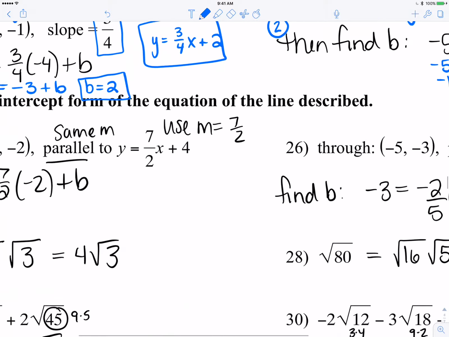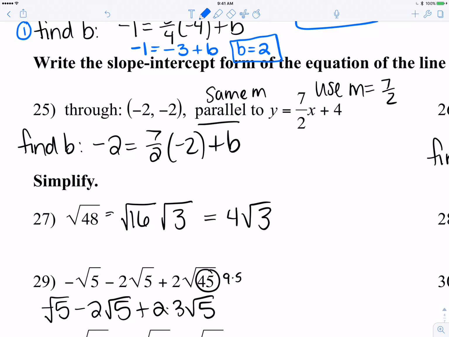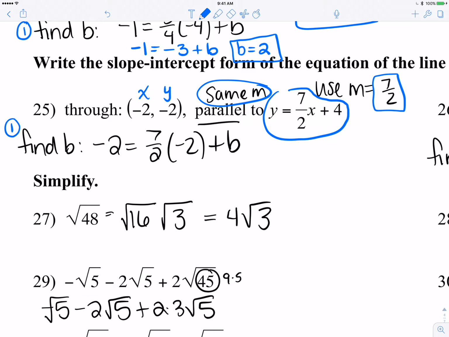Alright, 25. This time, you're given some x and y that the line goes through, and you know that it's parallel to this line. Well, parallel means use the same slope, so we're going to use a slope of 7 over 2. So now we need to find the b value. We plug in -2 for y equals 7 over 2 for m, -2 for x, plus b.